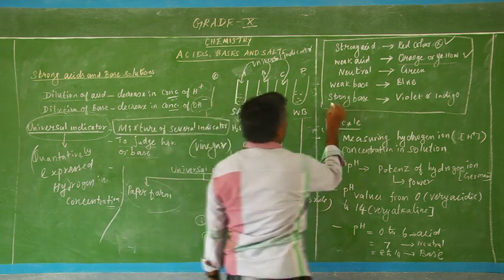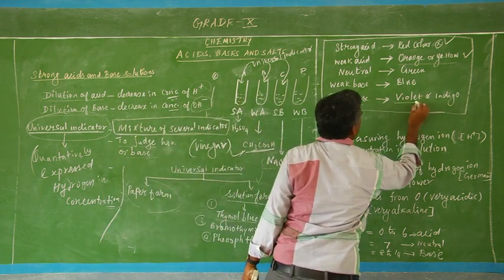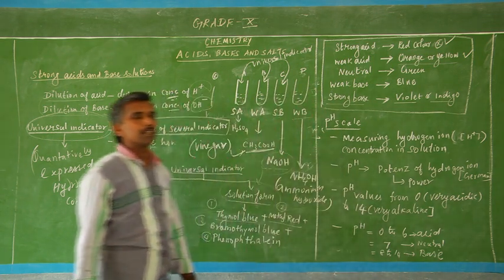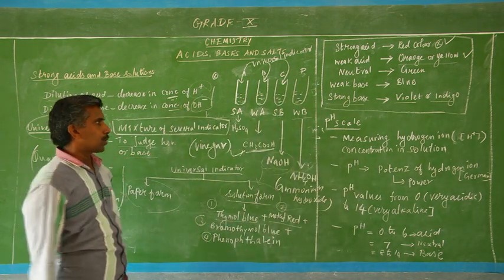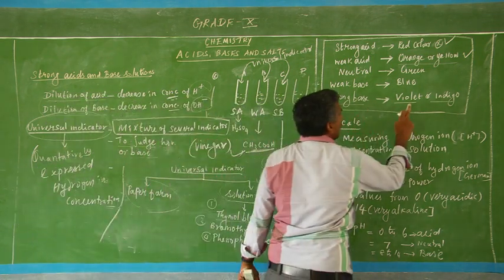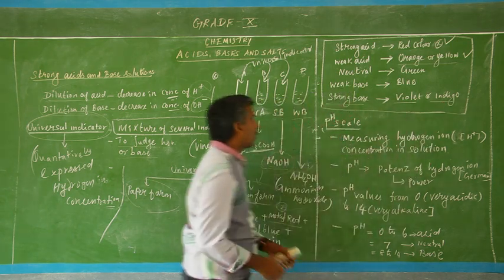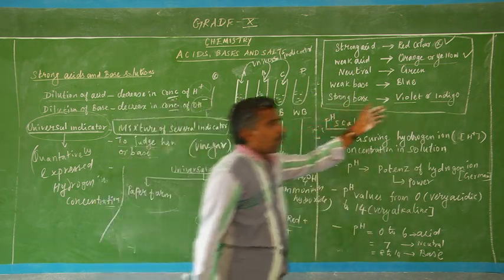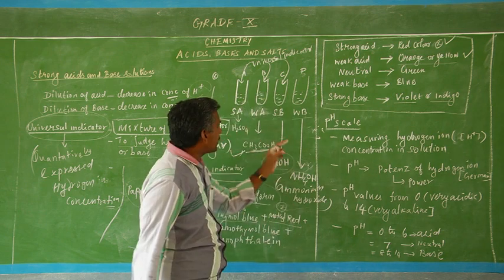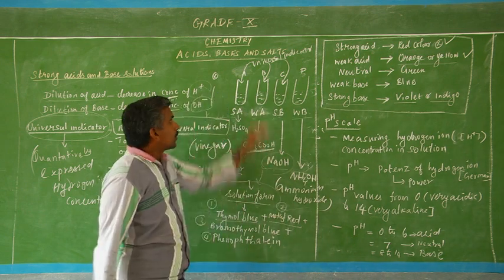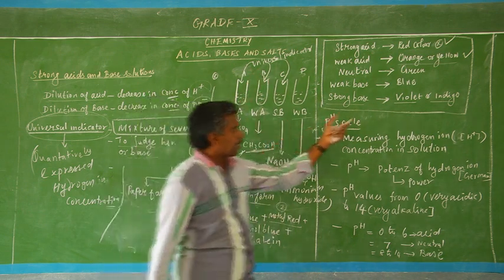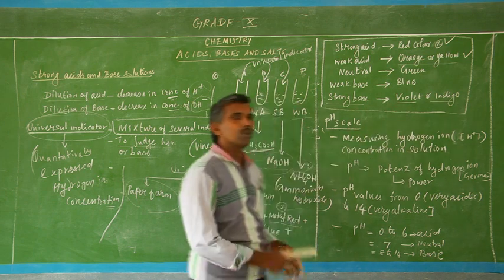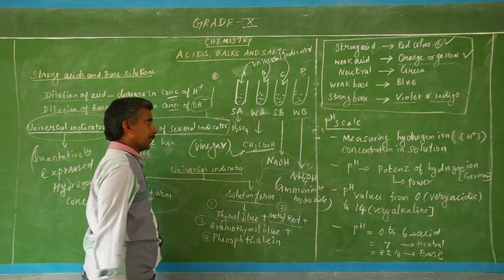The color violet or indigo is formed. So colorless to violet or indigo indicates a strong base.